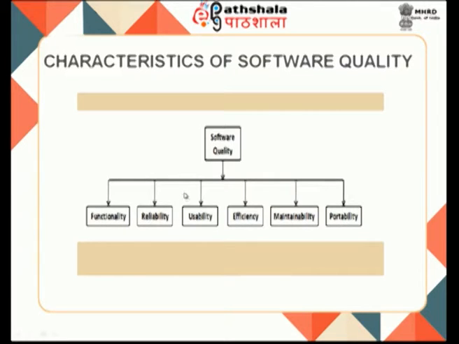Usability is defined as the capability to understand, learn and use the software. Efficiency is defined as the capability to provide appropriate performance relative to the amount of resources being used. Maintainability is defined as the capability to be modified for purposes of making corrections, improvements and adaptation.